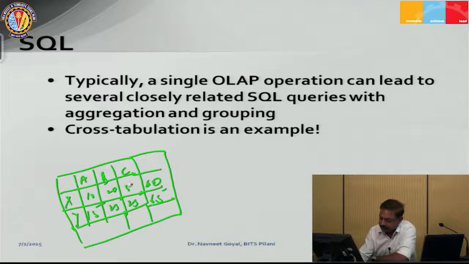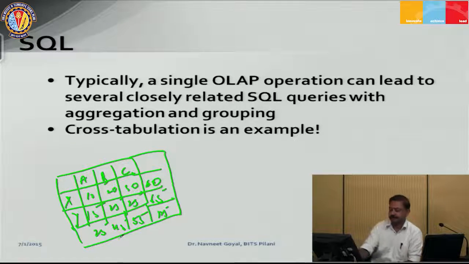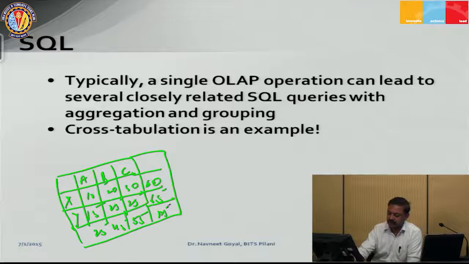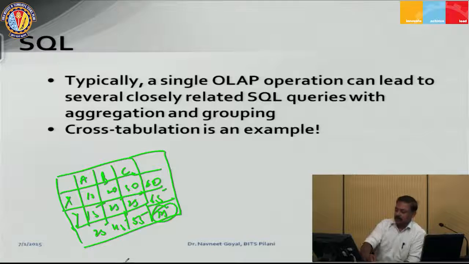And then 10, 20, 30, right? So this makes it 55, this makes it 45, and this makes it 25 here. So this makes it 125, which is the sum of these two. Yeah, so this is what is typically called cross tabulation.